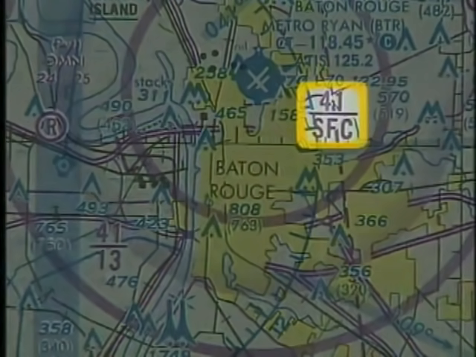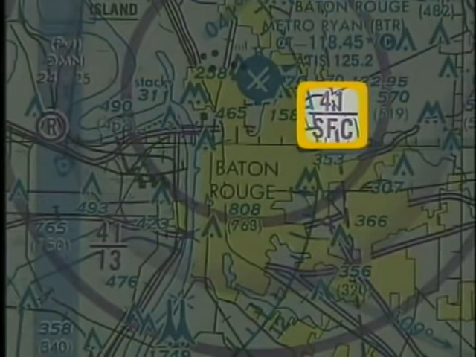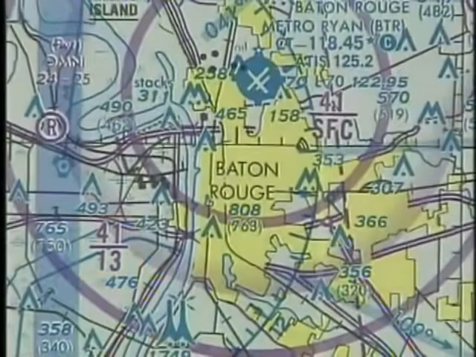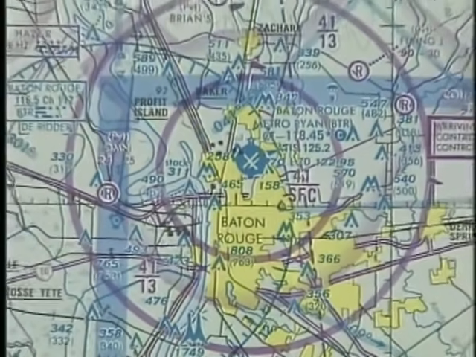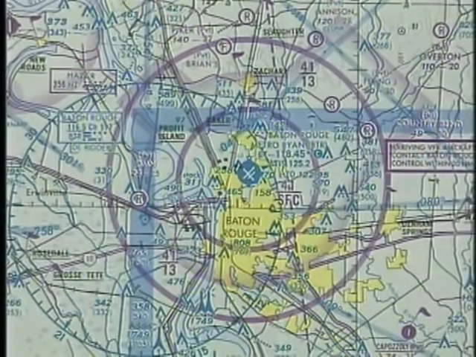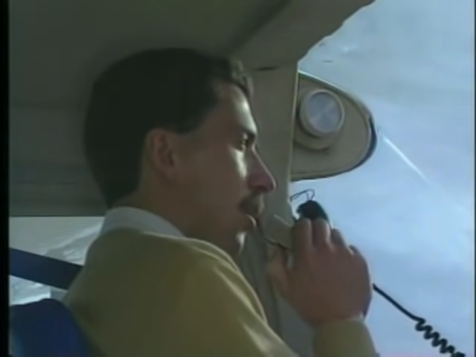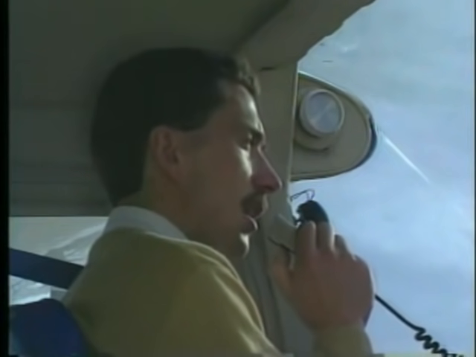The altitudes of the inner and outer circles of Class C airspace are depicted on sectional charts, and the lateral limits are outlined with a solid magenta line. Before you can operate within the inner or outer circle, you must establish and maintain two-way communications with ATC.